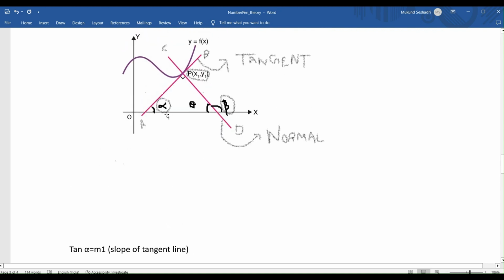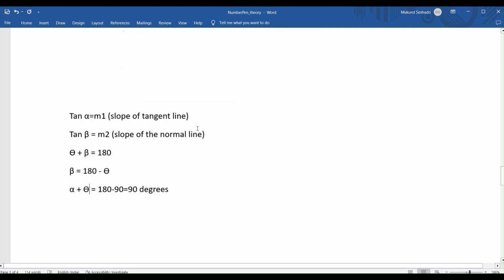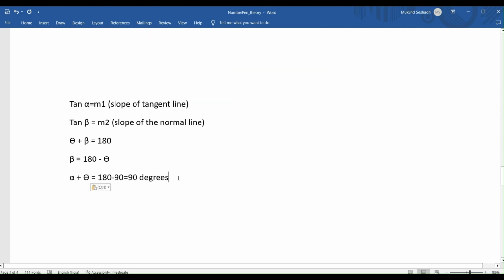And why is that? Because the sum of angles in a triangle is 180 degrees. You already have 90 degrees, so the remaining two angles have to sum up to 90 degrees. Now we know that tan of 90 is infinite. And so what is tan of alpha plus theta?